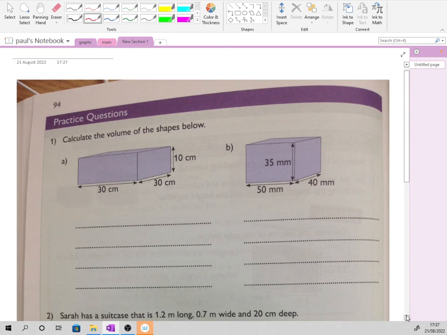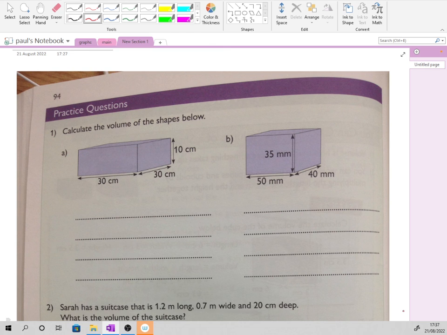Here we go. Calculate the volume of the shapes below. So these are all in centimeters. It doesn't tell you what the answers are, so everything's going to be in these. So this is just going to be 30 times 30 times 10. 3 threes are actually 9, aren't they?